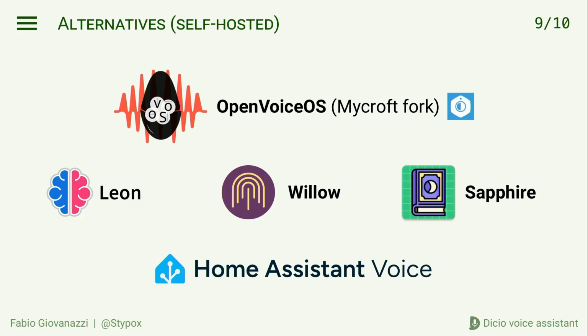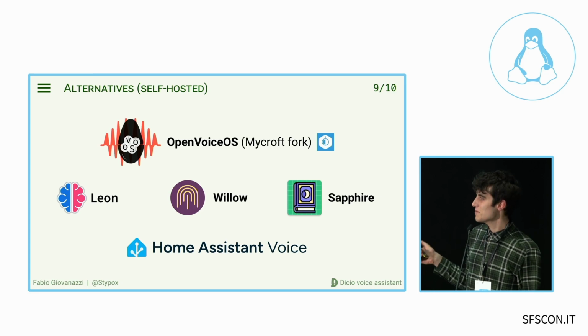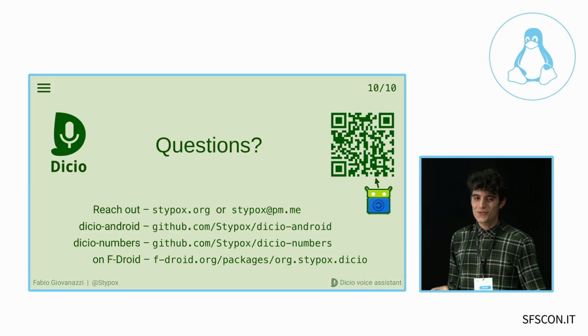But I talked with the developer a few times, and the others are basically all alternatives that work maybe very well, but they are all not runnable on a phone. They all run on Raspberries or on a PC, and you need to host stuff or self-host stuff, so they're not quite the same. And so this is it.